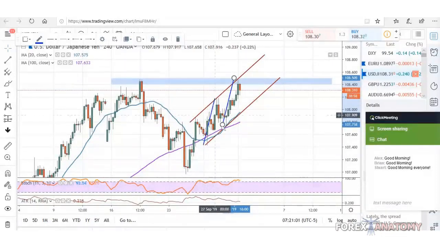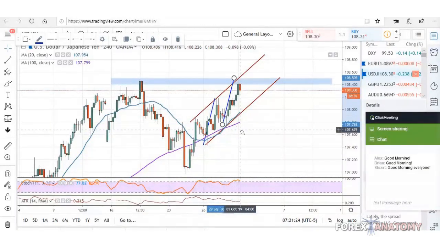This current leg is equal to the distance or length of this previous leg to the upside. This leg or this wave, whatever you want to call it, is equal to this leg or this wave.